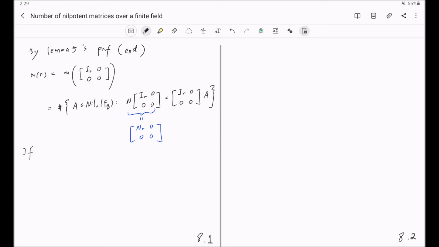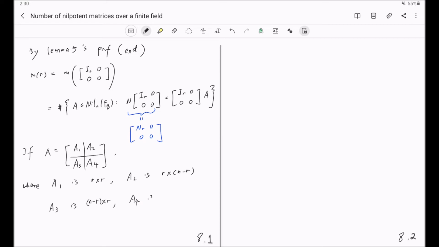If A can be written in this block form, A1, A2, A3, A4, this is a block matrix, where A1 is an r by r matrix, and A2 is r by n minus r, and A3 is n minus r by r, and A4 is n minus r by n minus r.